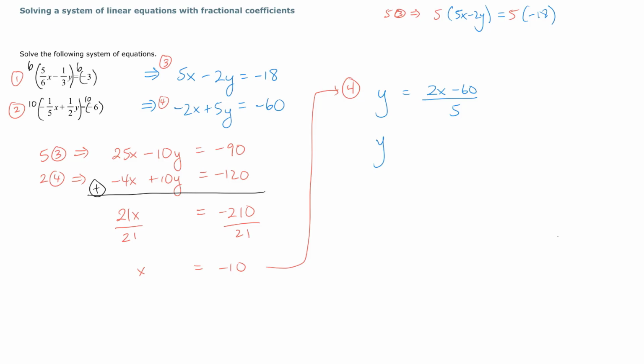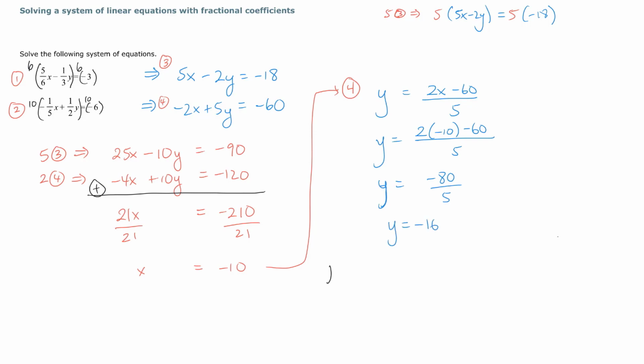And now we simply substitute our x: 2 times negative 10 minus 60, all over 5. So that is negative 20 minus 60, which is negative 80. And then how many nickels are there in 80 cents? There are 16 of them. So y is equal to negative 16.